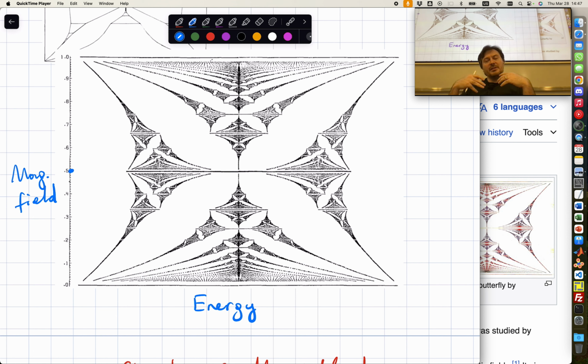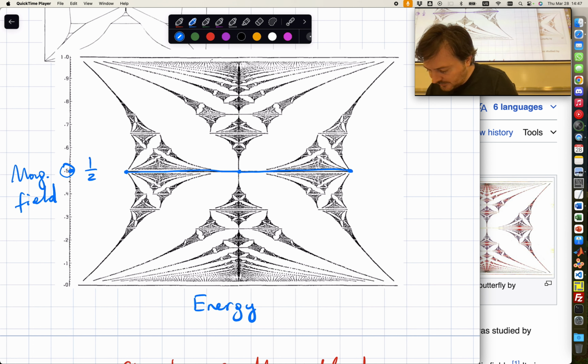So the magnetic field introduces some length to the electron, and the lattice has some length. When these lengths are in harmony, like when it's 1/2, for example, okay, this is 0.5, you get two bands. They are actually kissing here. There are actually two bands and they are connected.